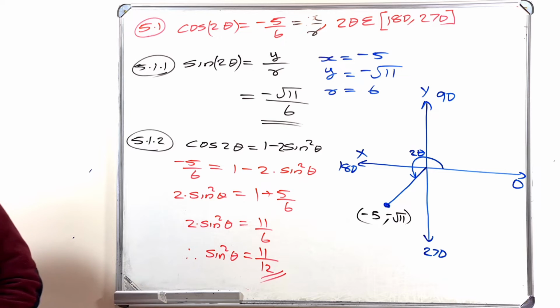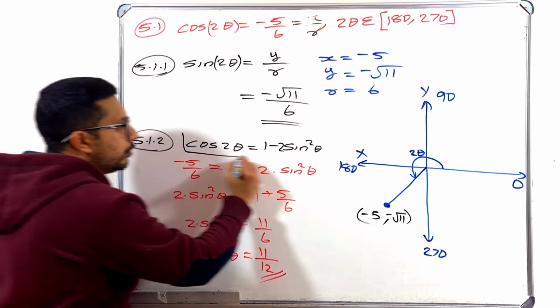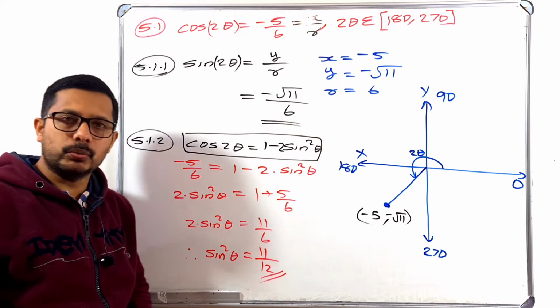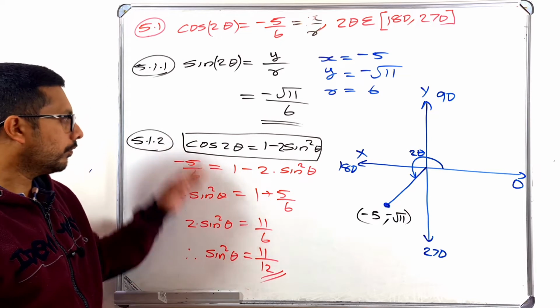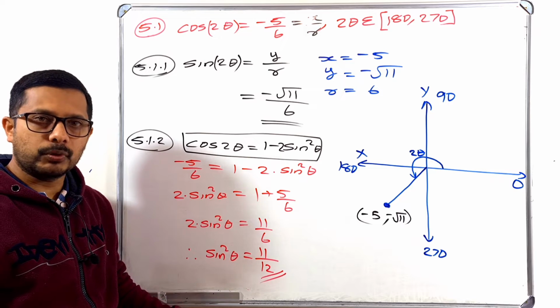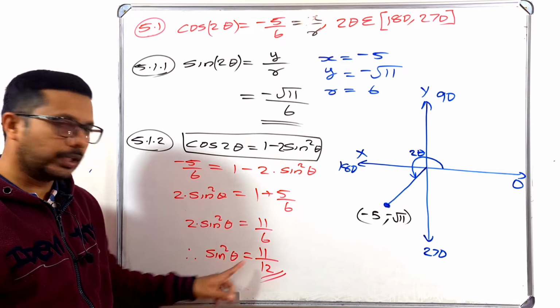So listen once more. What do you have to know to do this question? We have to know this formula: cos 2 theta is equal to 1 minus 2 sine square theta. Once we know this formula, then we can do this type of question easily, just substitute the values, then find sine square theta.